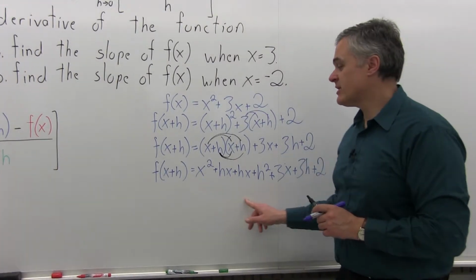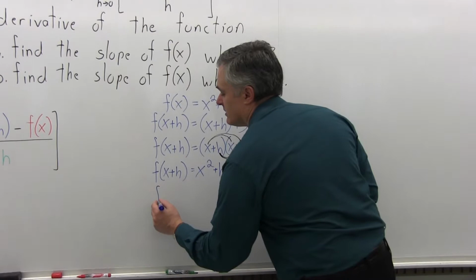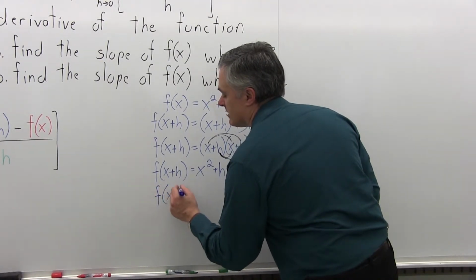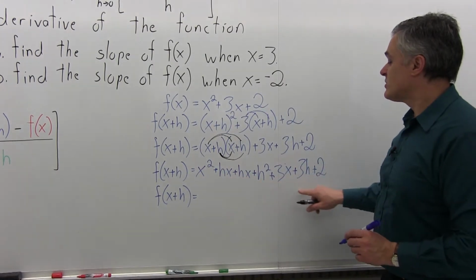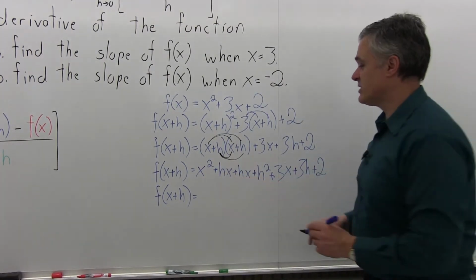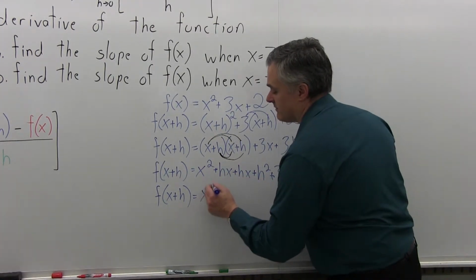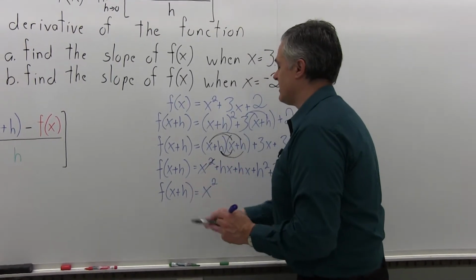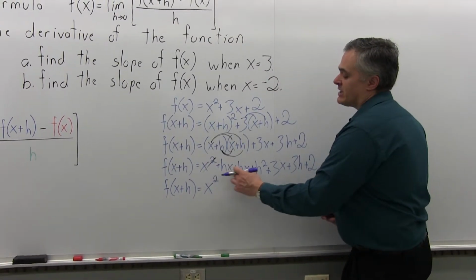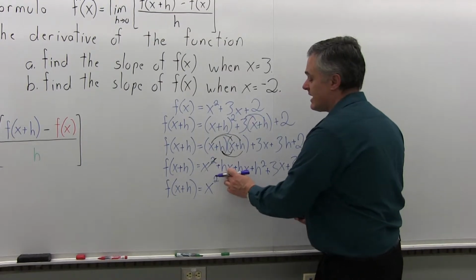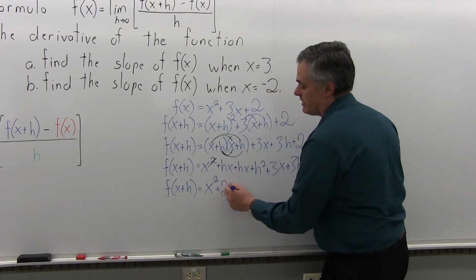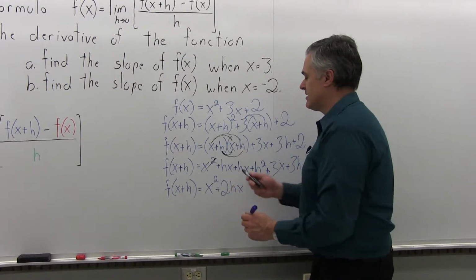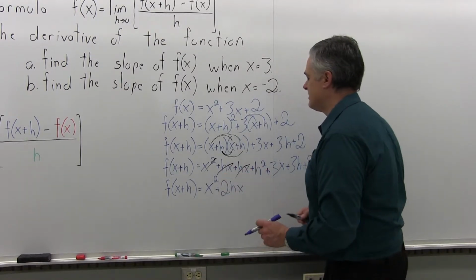I can combine some of my like terms, though. There are certain similar terms that I can put together. So as I look, x squared, there are no other x squareds. There's an h squared, but not an x squared. So x squared can come down by itself. And that's done. I'll cross it off. hx and hx again. These are the same, so I can combine them. hx plus another hx is 2hx. So now those are done.